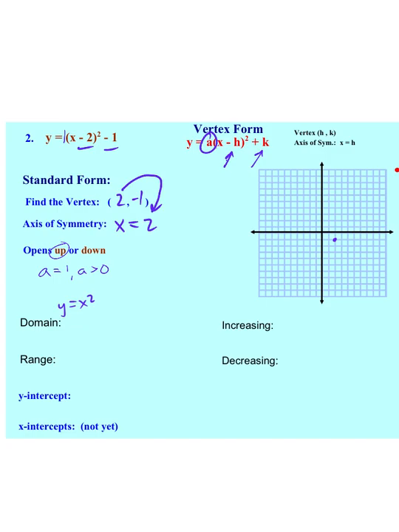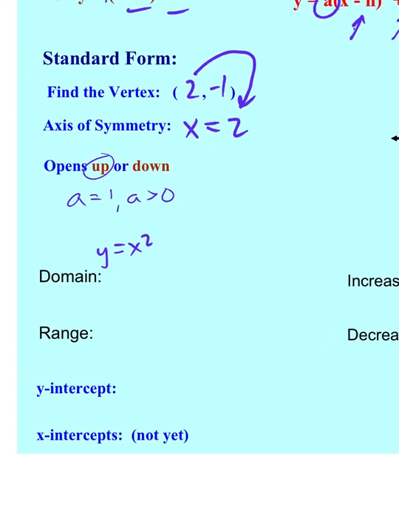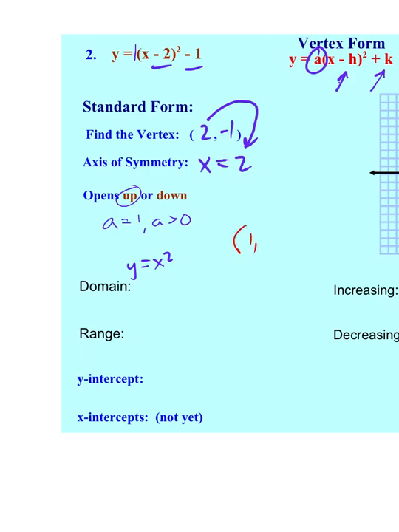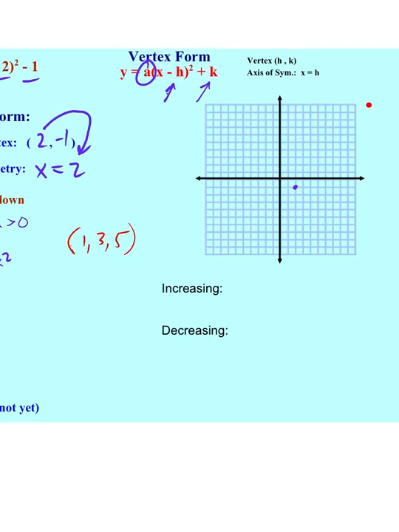Similar to last slide, because a equals 1, the pattern of change would be 1, 3, 5 again. So that means as we go over 1, we go up 1. As we go over another one, we go up 3. And as we go over another one, we go up 5. So there's our 1, 3, 5. And again, there's our graph.